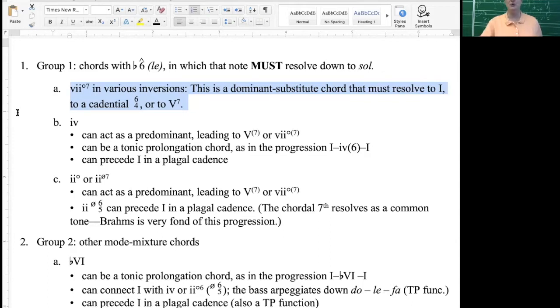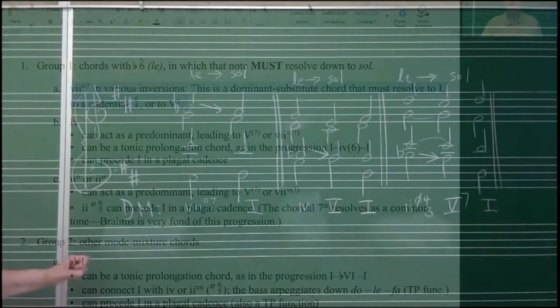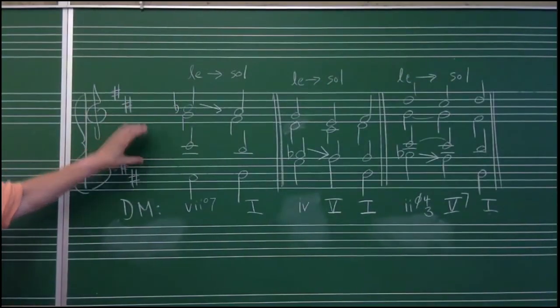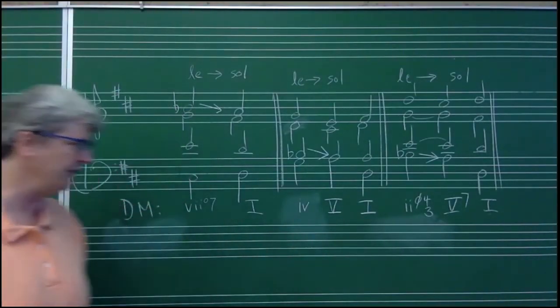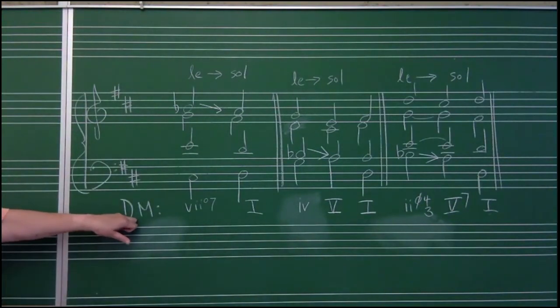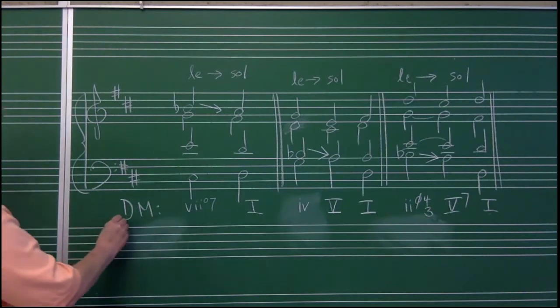Let me just remind you of the part writing here. This is actually in the key of D major, so let's do a little bit of thinking here. Scale degree 6 in D major is B: D, E, F sharp, G, A, B. And the lowered scale degree 6 that we find not in D major but in D minor would be B flat.